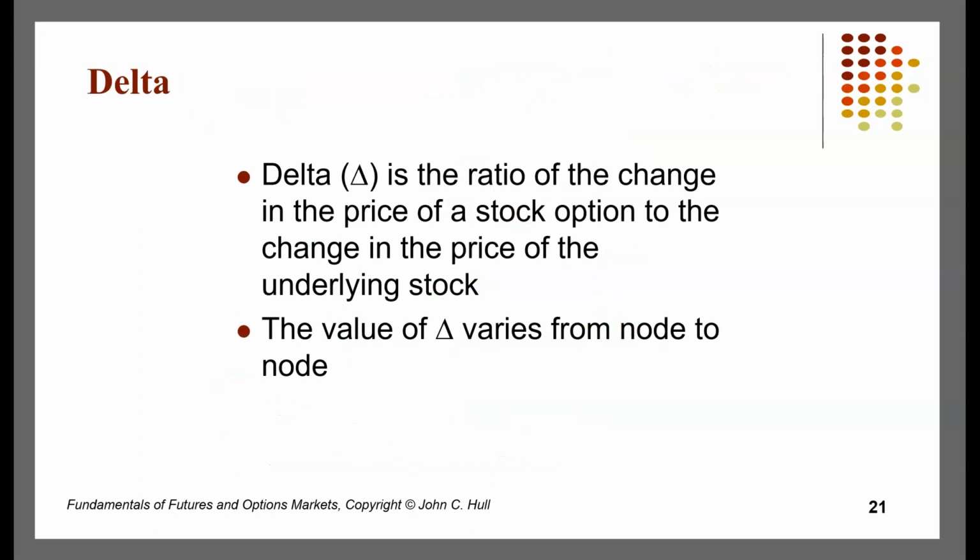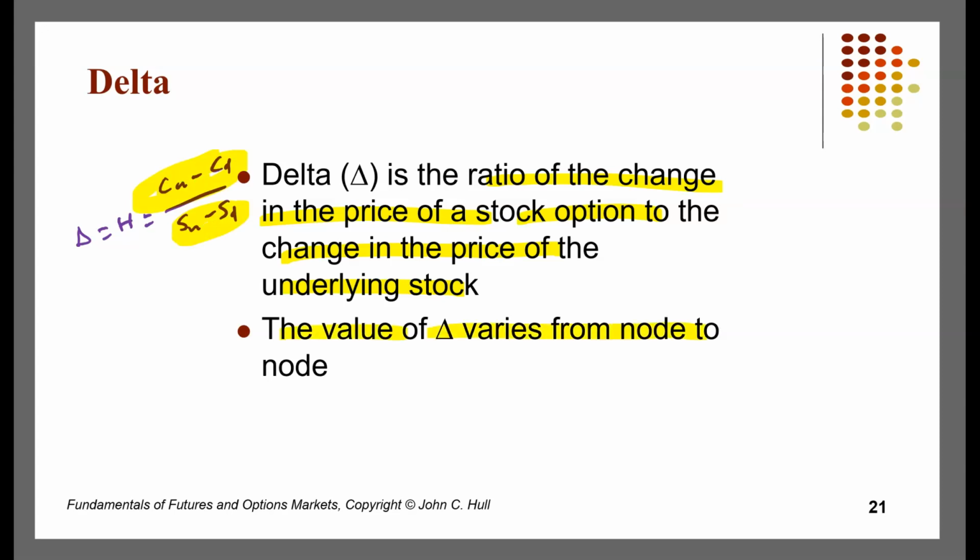We talked about the delta, and we said that the delta of the option is nothing else but the ratio of the change in the price of the stock option to the change in the price of the underlying. And you remember that we said that delta, which was H, was call up minus call down divided by stock up minus stock down. So that is going to be the change in the value of the option and the change in the value of the stock.